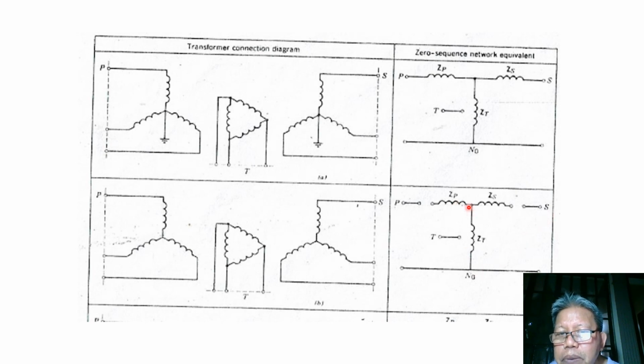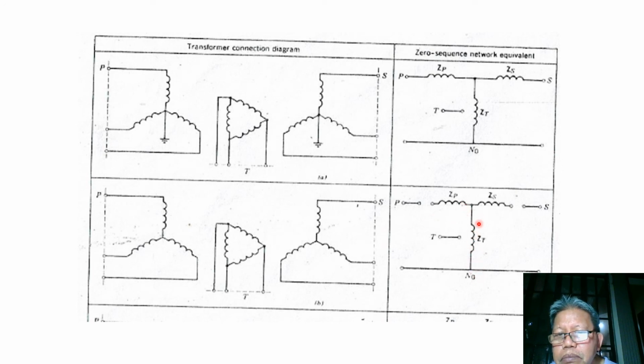But between the neutral of our three winding transformer and the zero sequence, current can flow, but it cannot go out in this direction or this direction.